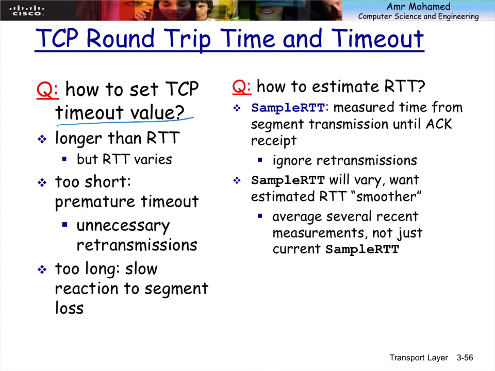And we keep retransmitting, and that wastes the bandwidth of the channel by sending segments repeatedly, multiple times unnecessarily. But if the timer is too long, then I will send everything in the window, and I will wait until the timeout happens. If the acknowledgement was delayed, again I am wasting the bandwidth of the channel.